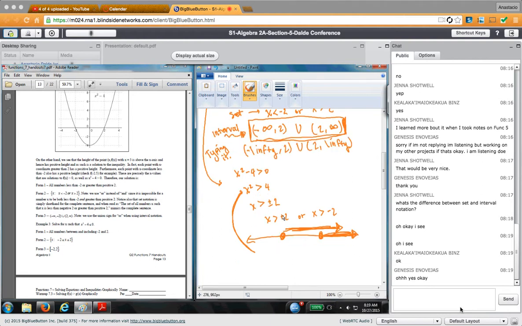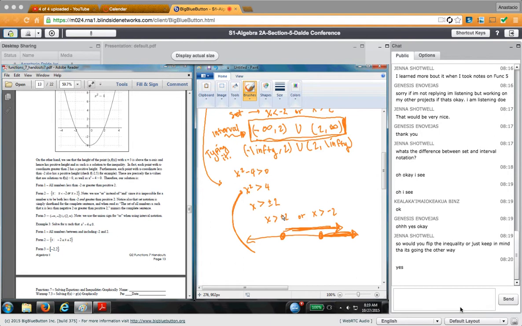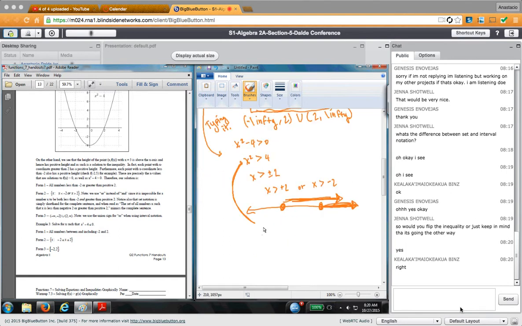And maybe what we should do is think of it like x squared is greater than 4. x squared is always a positive number, right? x squared is always a positive number. So I almost am tempted to say that we should think of this as the absolute value of x squared is greater than 4.